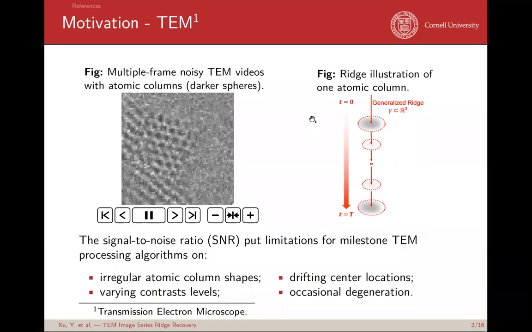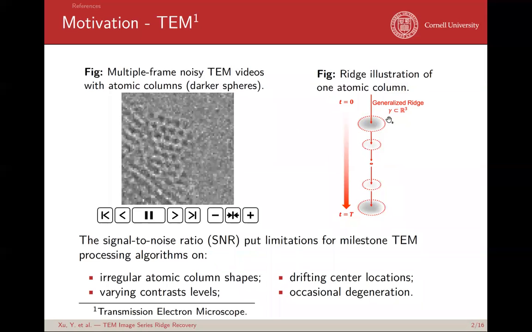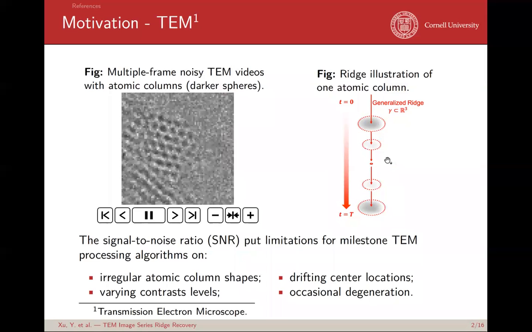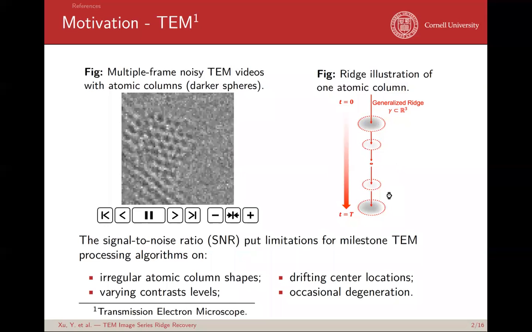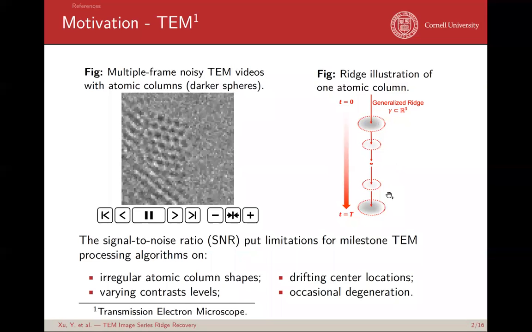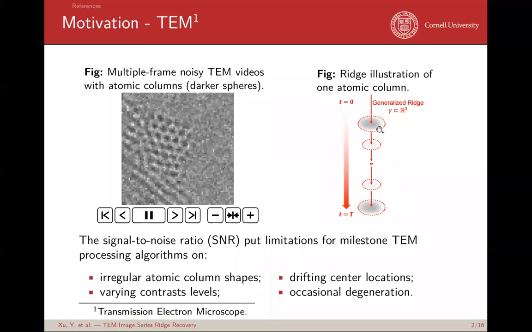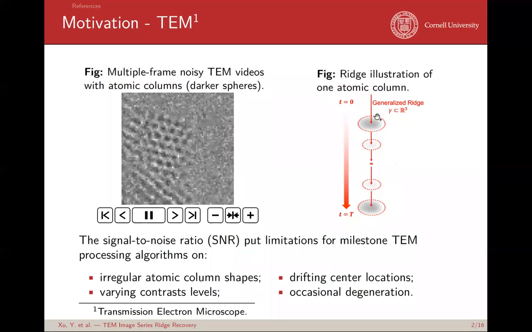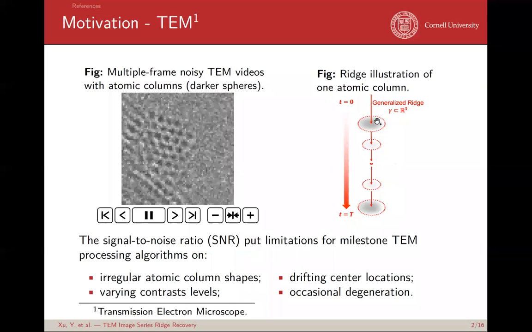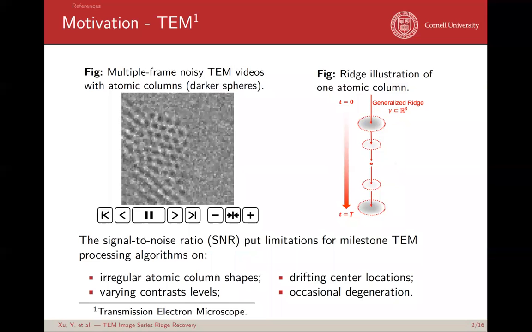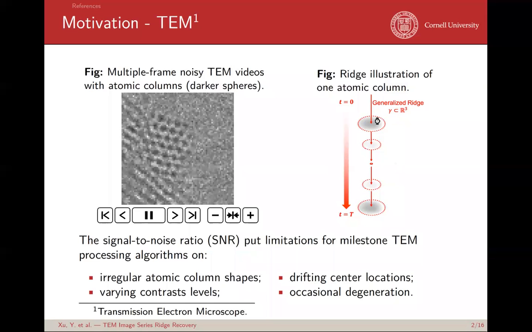Furthermore, if we zoom into one specific atomic column and align them temporally, a tube or a cylinder is then formed, and this is exactly what a ridge would look like in a three-dimensional mapping. Hence, it motivates our ridge detection framework with the benefit of flexible ridge structures, such as a freely stretching curve and an arbitrary, sometimes even zero, tube radius.